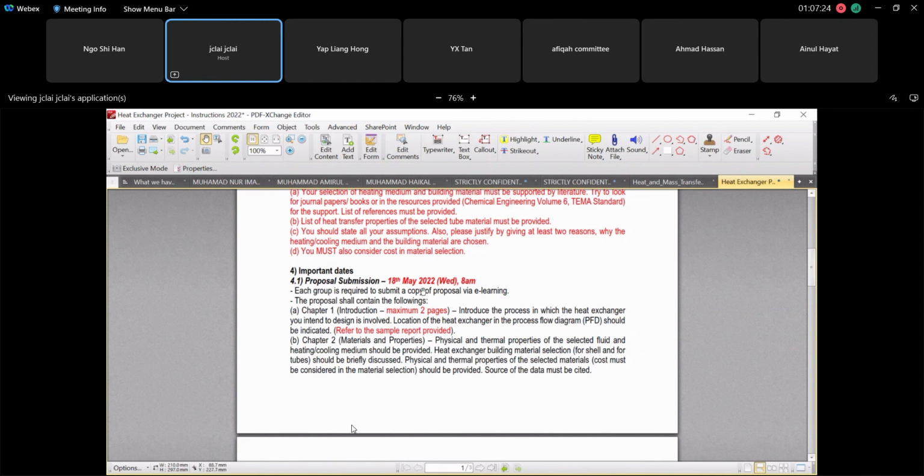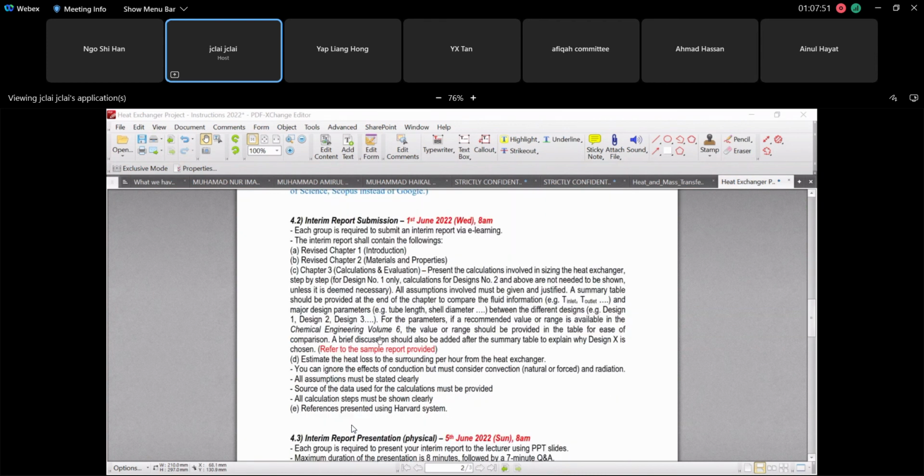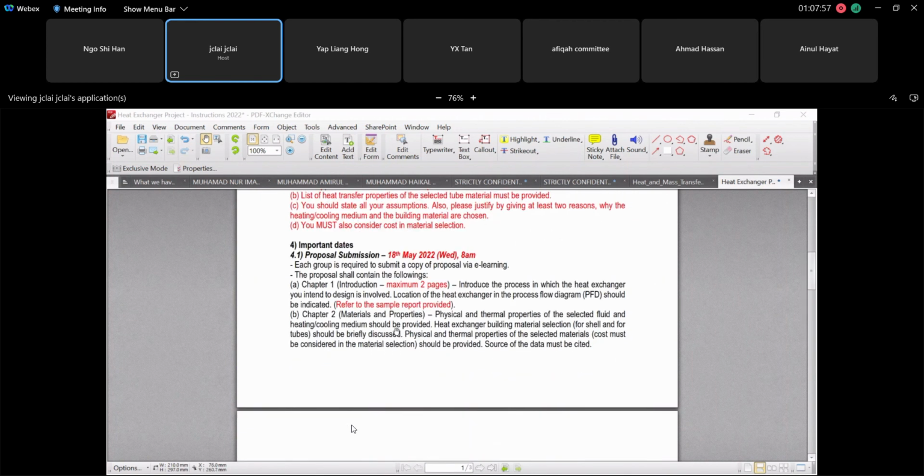Okay, we will go step by step. We want you to submit the proposal first, because we will check the proposal and tell you if you can proceed. We will make sure the heat exchanger you want to design is workable. Then only we will tell you to proceed. So you don't need to worry about the interim part first. We will provide more examples after this. What you need to do now, I will provide the first one for Chapter 1, because we want you to follow the format.